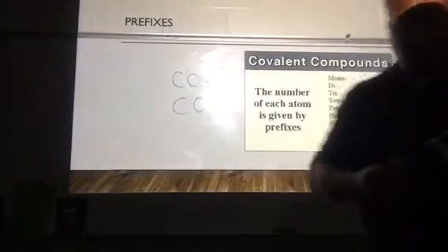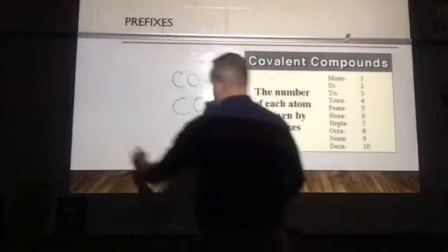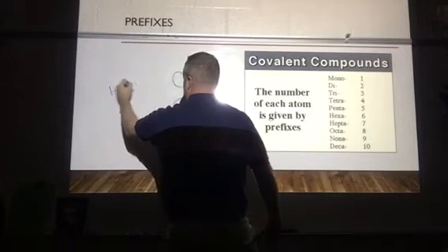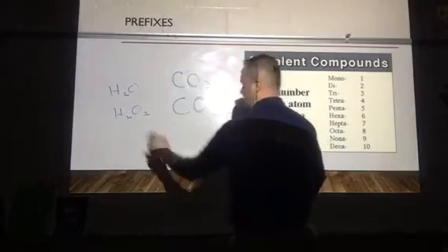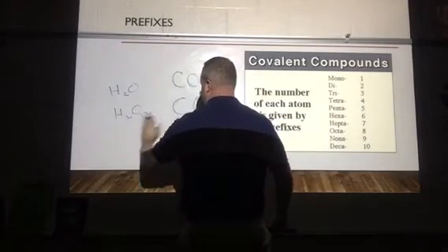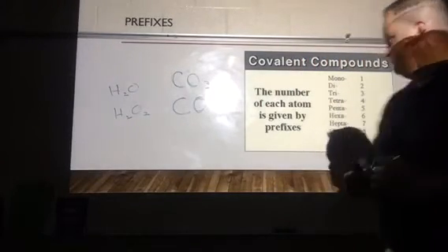And so for that reason, we have to be able to designate between the two. Additionally, we can also have water and hydrogen peroxide. Again, the same elements, but a different configuration for how they're combined.